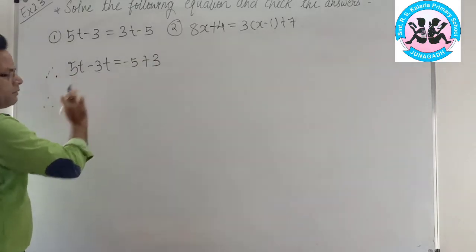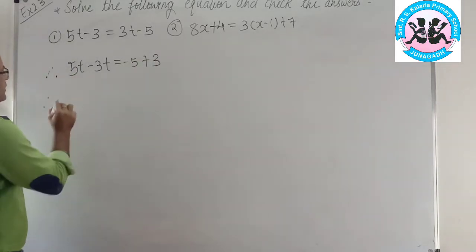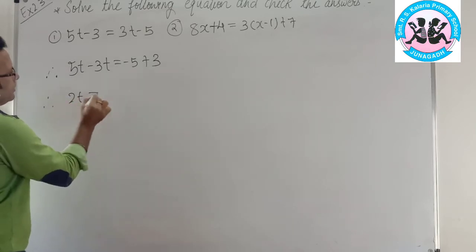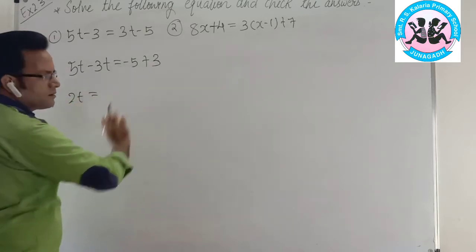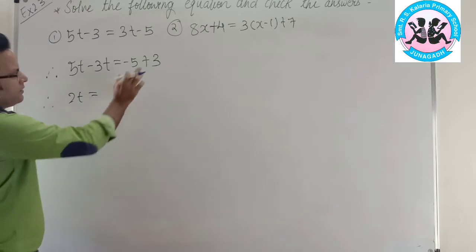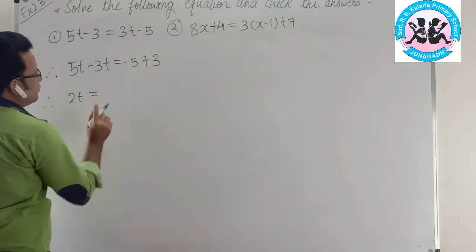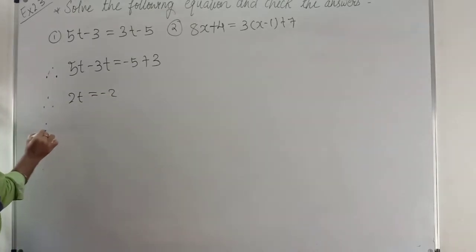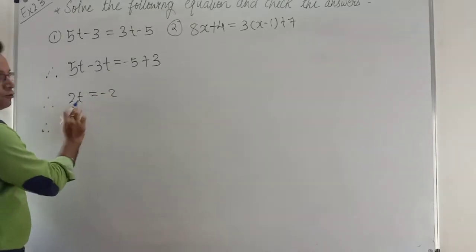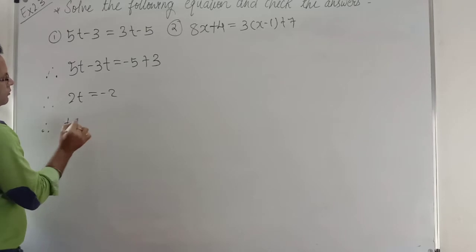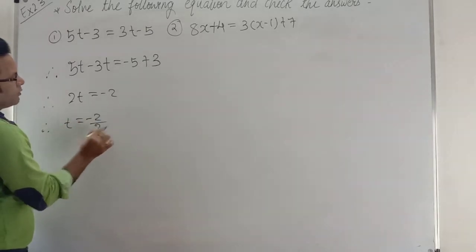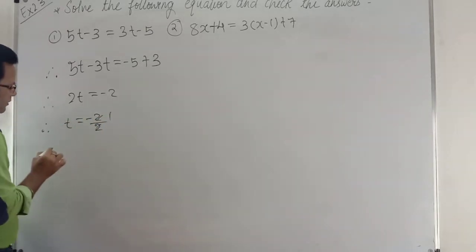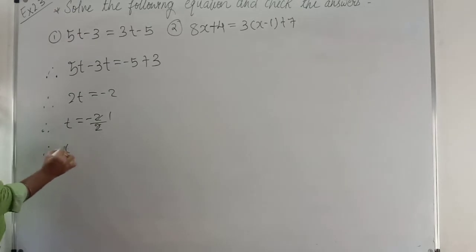Therefore, 5t minus 3t means 5 minus 3, that is 2t. 2t is equal to minus 5 plus 3. Now see, here 5 minus 3 is 2, but the sign of the bigger number. Therefore, 2t is equal to minus 2, so t is equal to minus 2 upon 2. 2 cut. And therefore, t is equal to minus 1.